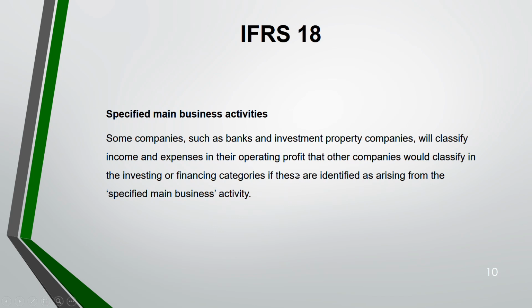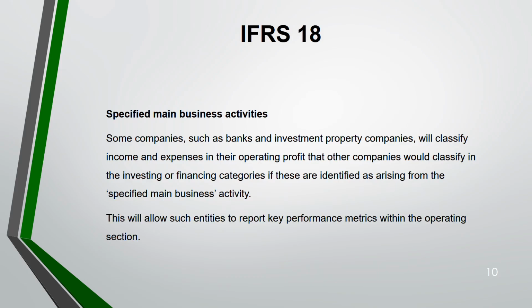So for them, it will not come under investing or financing, it will come under operating. But for your exam purpose, your main business activity will not be banks or investing. You should always take it as investing or financing category only. This will allow such entities to report their key performance metrics within the operating section.